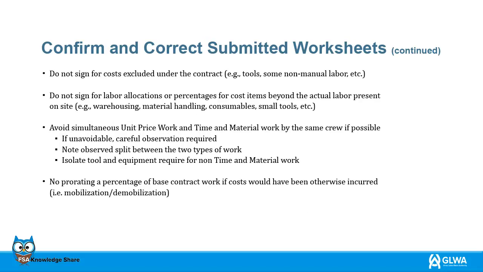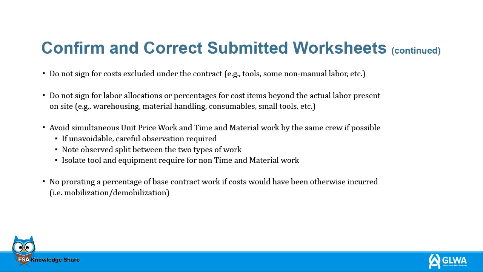Contract compliance is essential for all parties, and the project manager should be aware of the following: costs excluded under the contract should not be signed for. For example, tools, some non-manual labor, etc. Labor allocations or percentages for cost items beyond the actual labor present on site should not be signed for. Avoid any concurrent unit price work and time and materials work by the same crew.